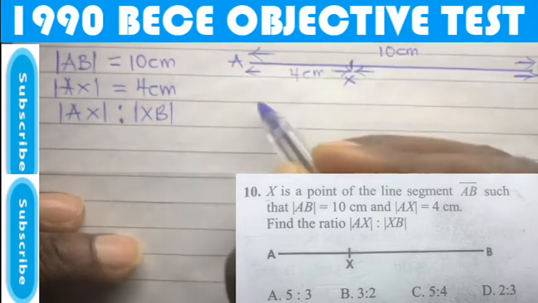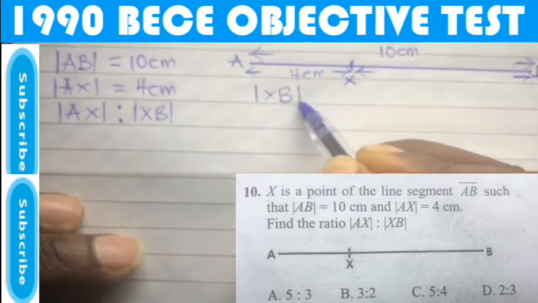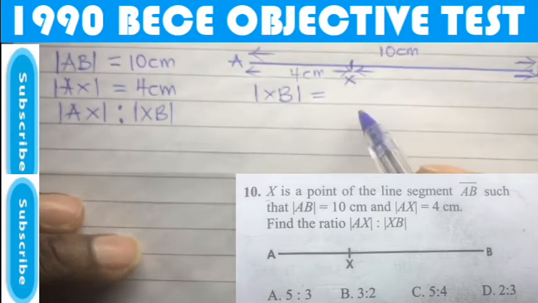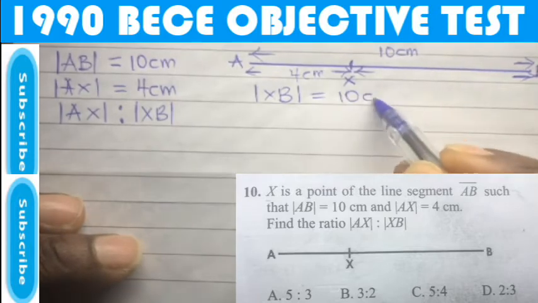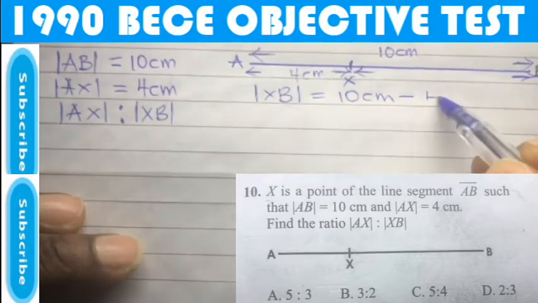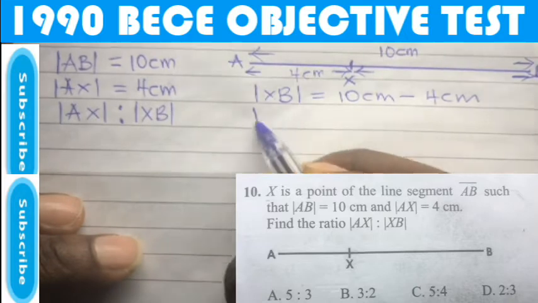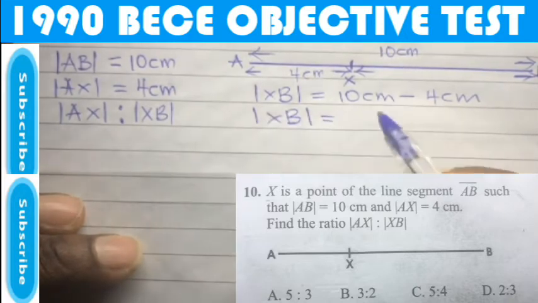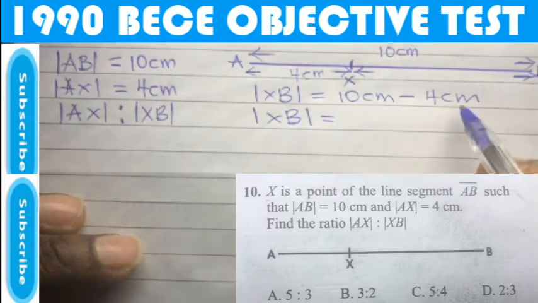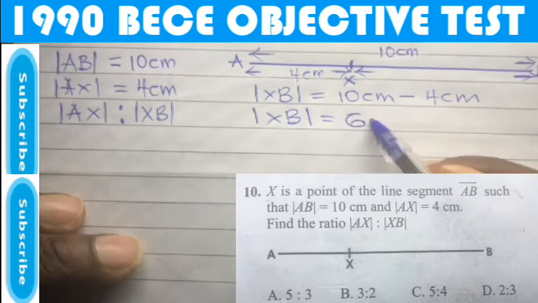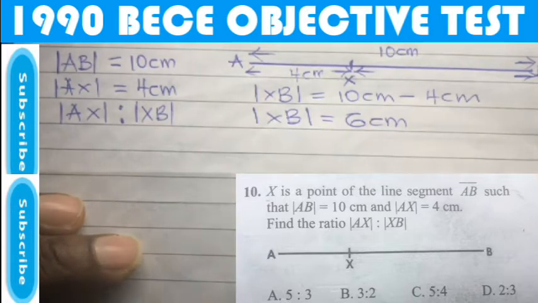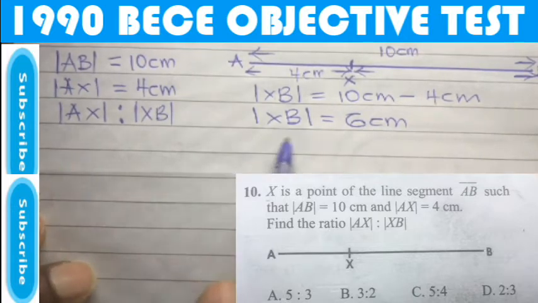So the length of XB will be equal to 10 centimeters minus 4 centimeters, and this will result in 6 centimeters. That's the length of XB.